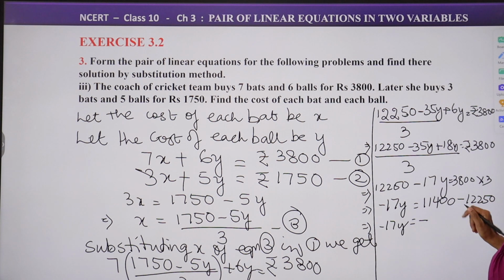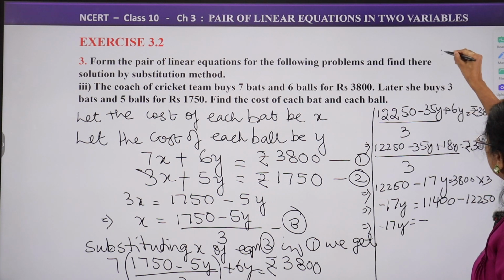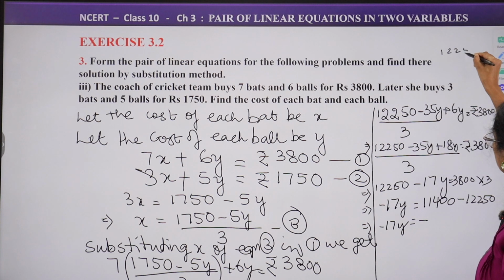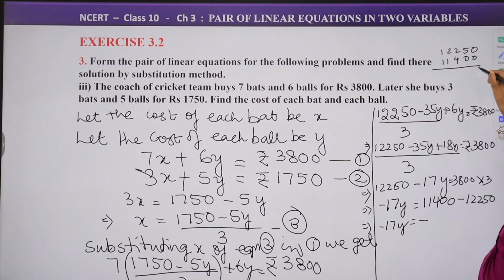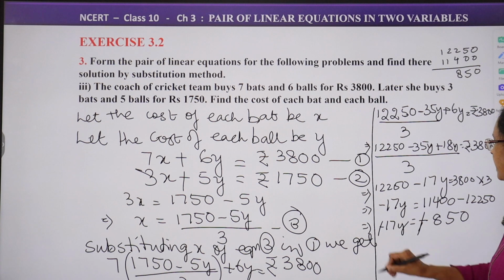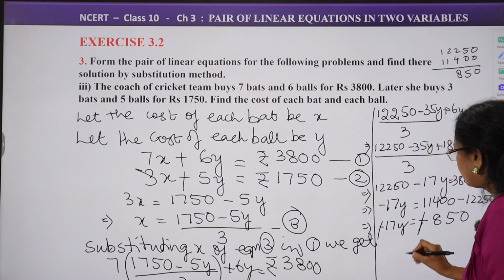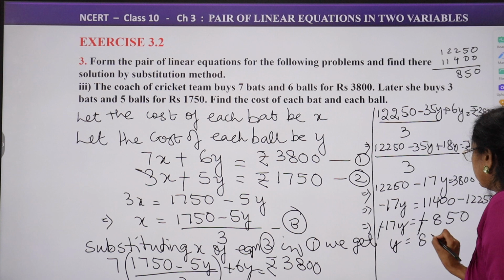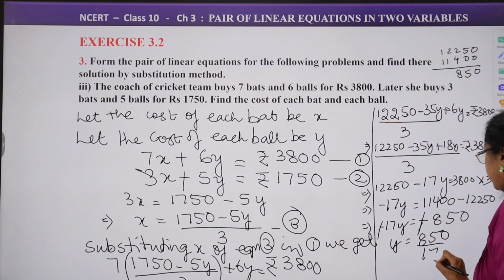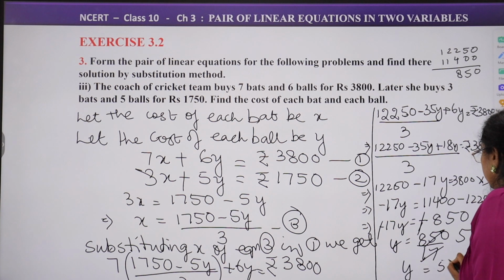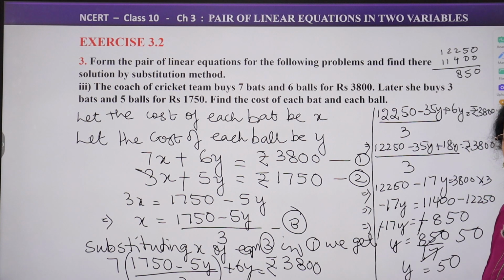So when I subtract 12250, 11400, I get 850 minus. The minus cancels. So we get y is equal to 850 by 17, that is 50. Y is equal to 50.